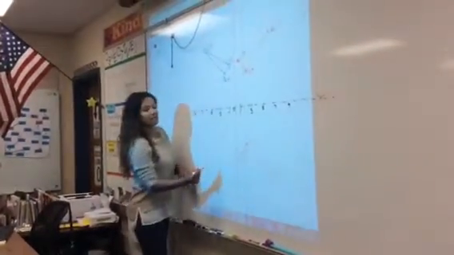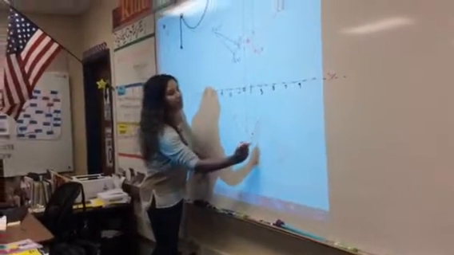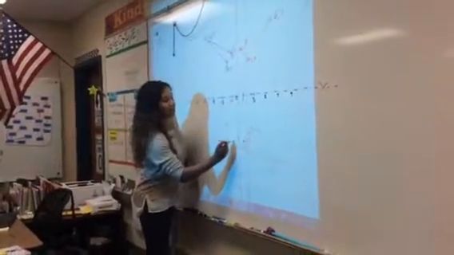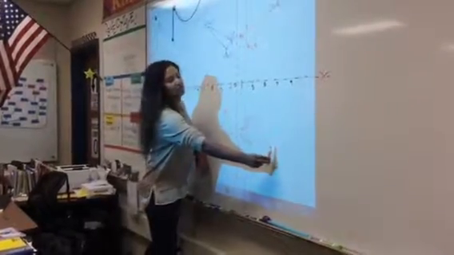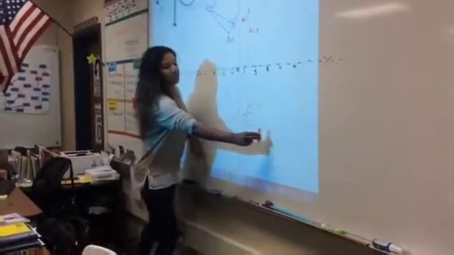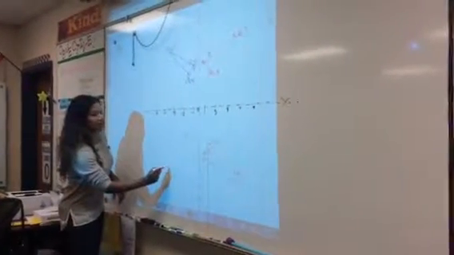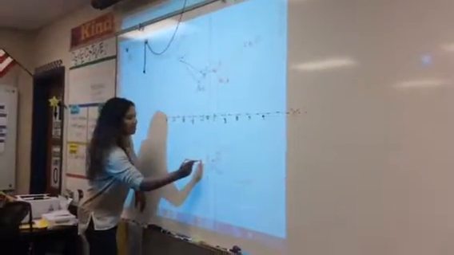And so then B prime, which was 1, -5, would be what? -1, -5. Good. And then C prime, which was 6, -7, would be -6. Good. -7.